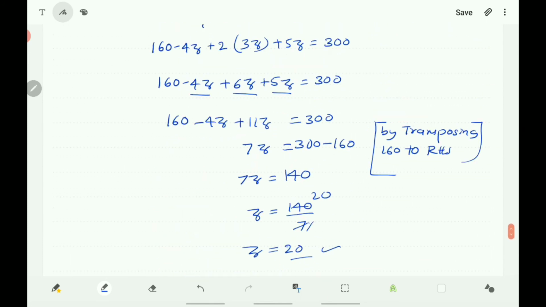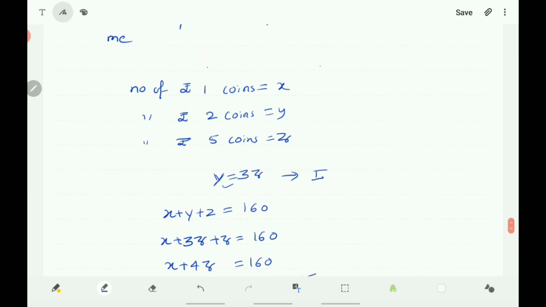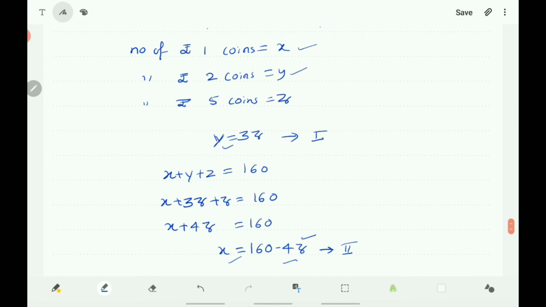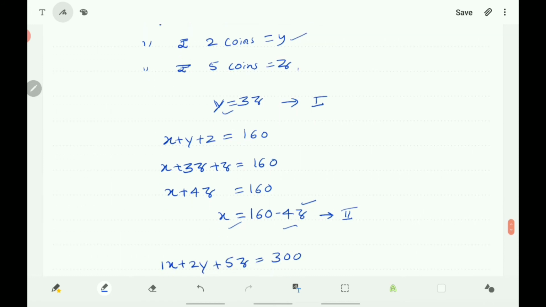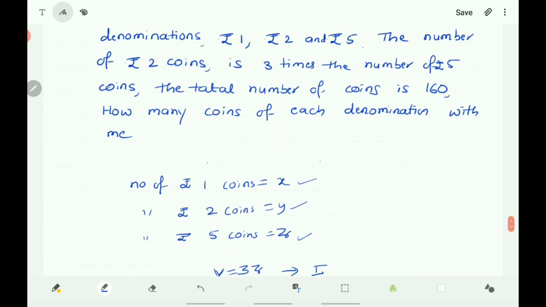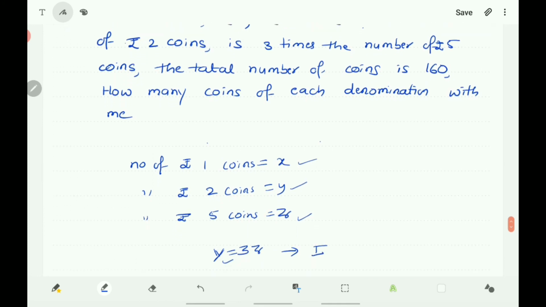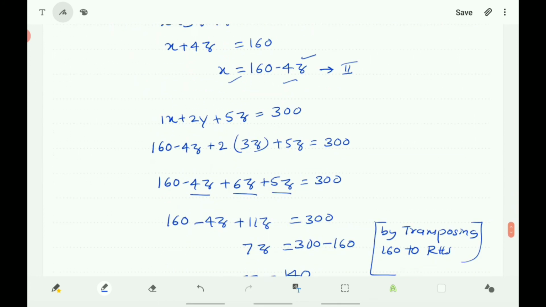So here x is the number of 1 rupee coins, y is the number of 2 rupee coins, and z is the number of 5 rupee coins. So the question is, how many coins of each denomination are with me?